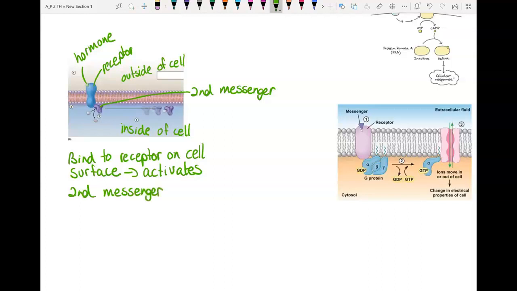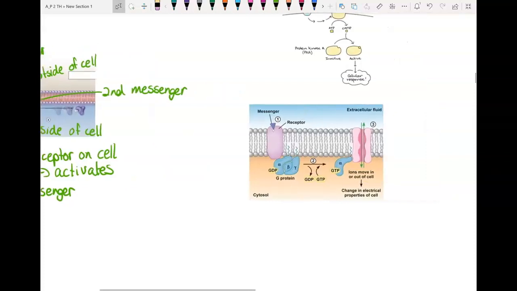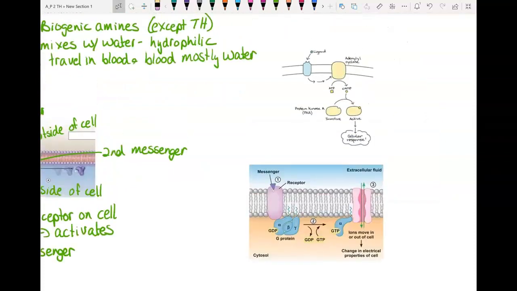That second messenger will then go do one of two things. In the top picture here, just to show you what's in here, here's the hormone. Here's the receptor. Then you activate the second messenger.